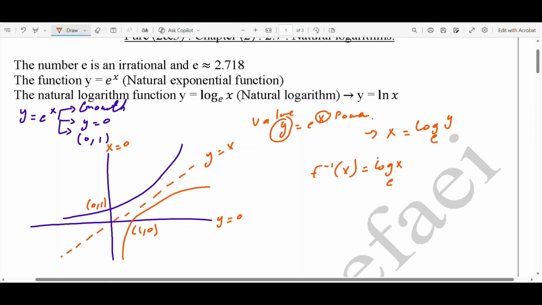Now, log base e, I'm going to rename it and call it ln. What is ln? It's log to the base e. So the inverse of the natural exponential function is the natural logarithm. What is the natural logarithm? It's ln x. ln is actually log to the base e.